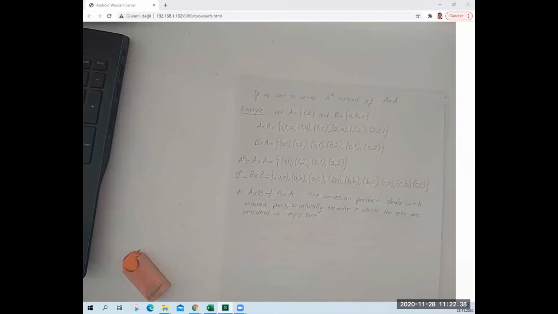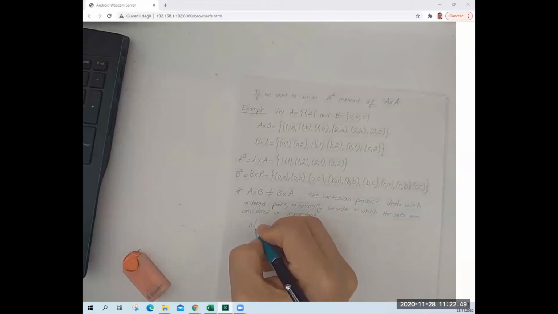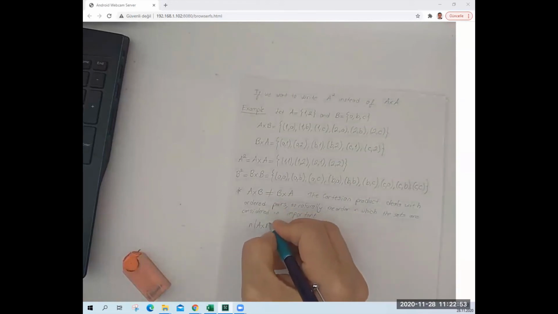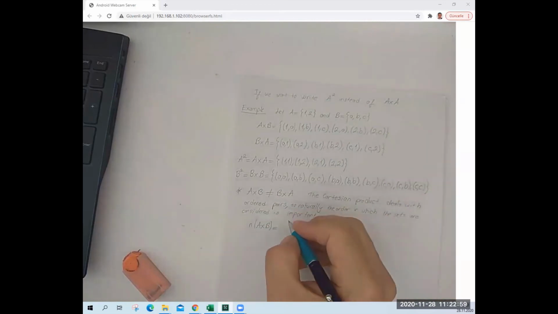So we can say also the number of elements for that product A times B is equal to 2 times 3.